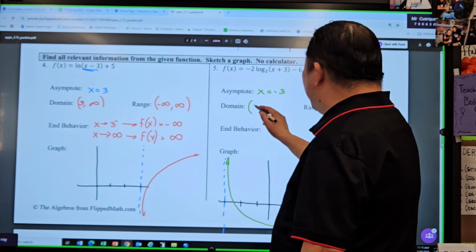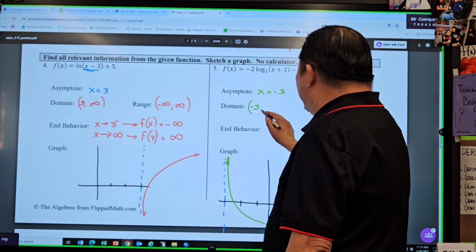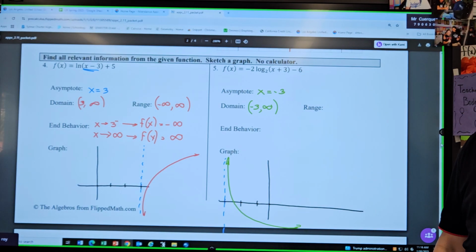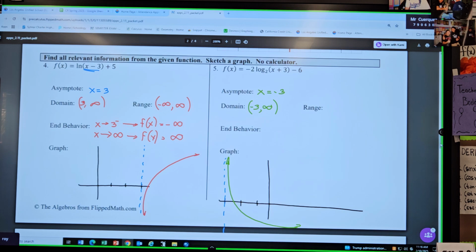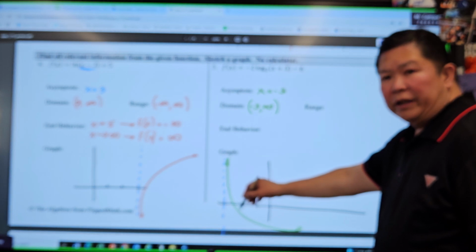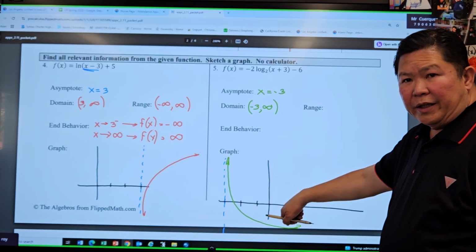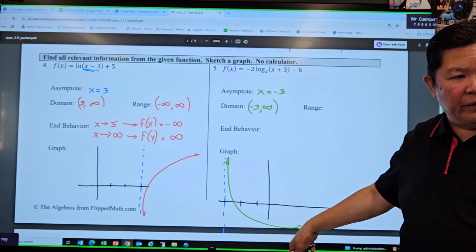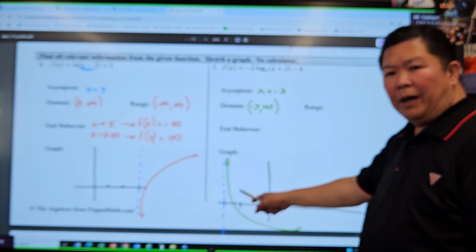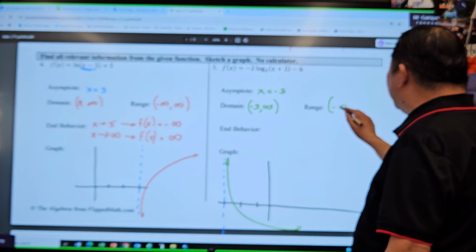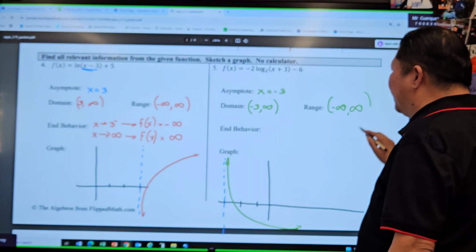So the domain is negative 3 to positive infinity. What about the range? Let's take a look at the bottom. Is this going down? Yes. So from negative infinity, and on top, positive infinity. So negative infinity to positive infinity.